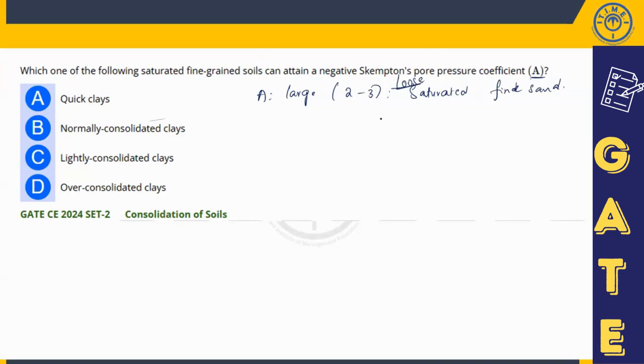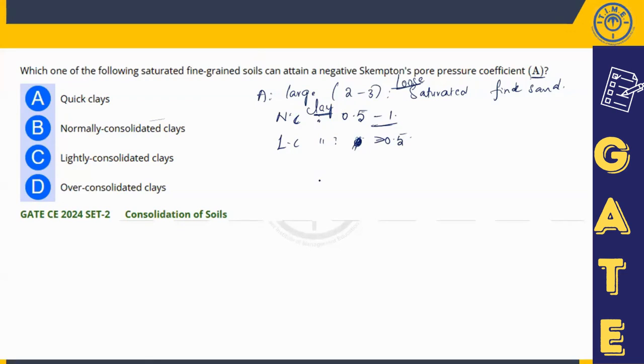For normally consolidated clay, it ranges from 0.5 to 1. For lightly consolidated clay, the value of A is even greater than 0.5.